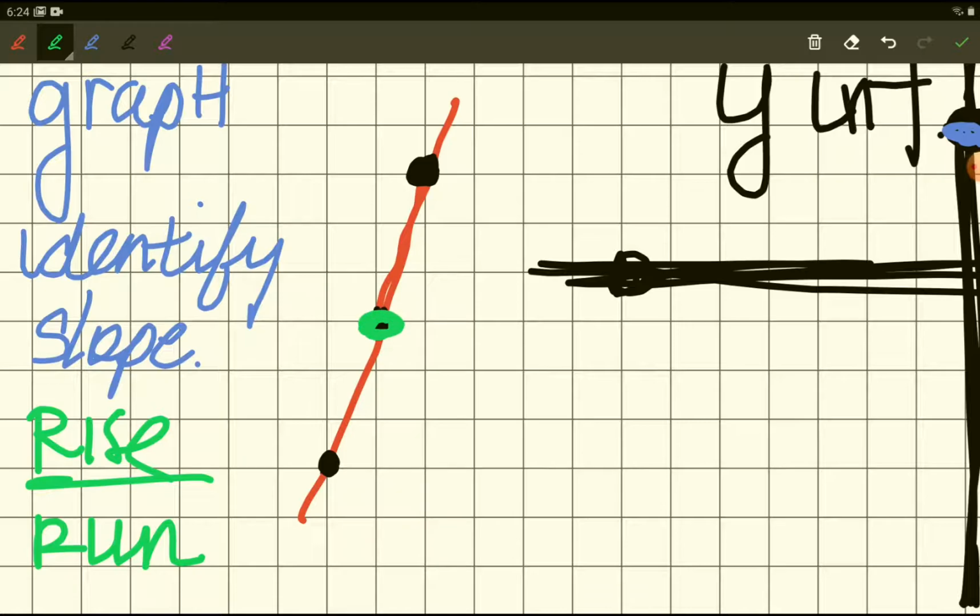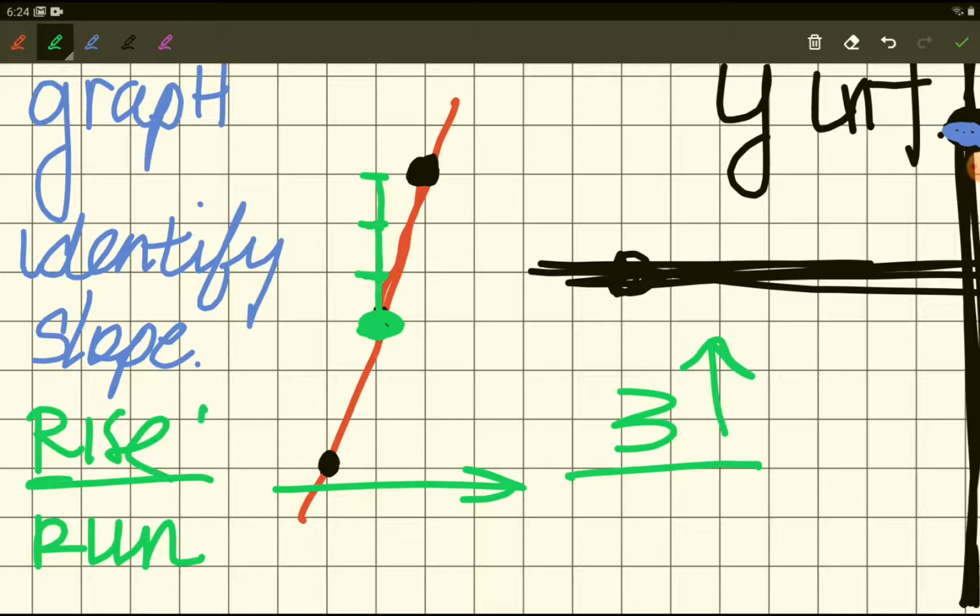So I can just pick any point I want. And how many do I go up? So that's 1, that's 2, that's 3. So that's 3. I've risen 3, gone up 3.